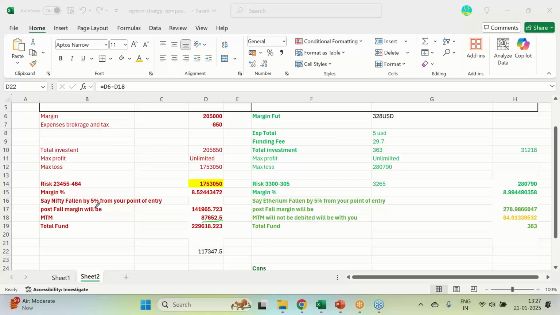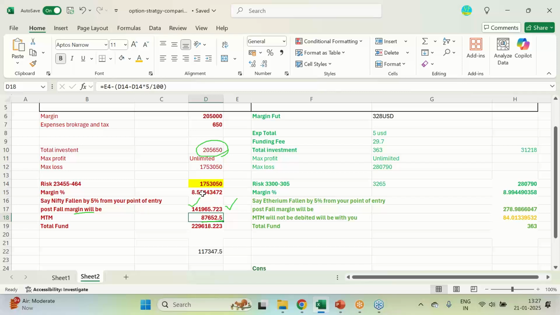Now to continue after the fall, to continue this position for which you paid 2,05,000 initially, you required 1,41,000 margin. Otherwise you can't continue this trade. So if I add both 1,41,000 and this 87, provided they maintain the same margin. They will never maintain, they will increase it. So if you add both, it comes to 2,29,000.